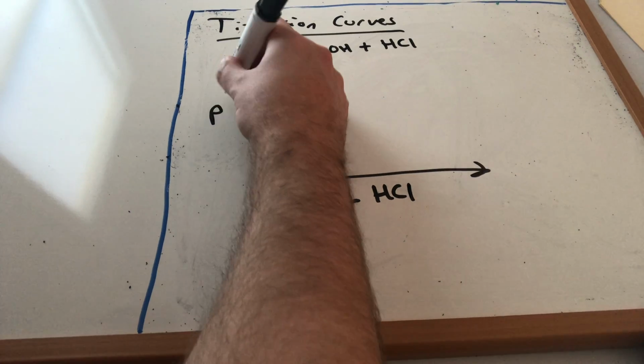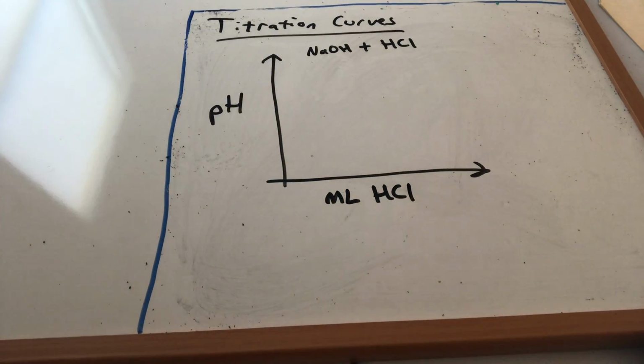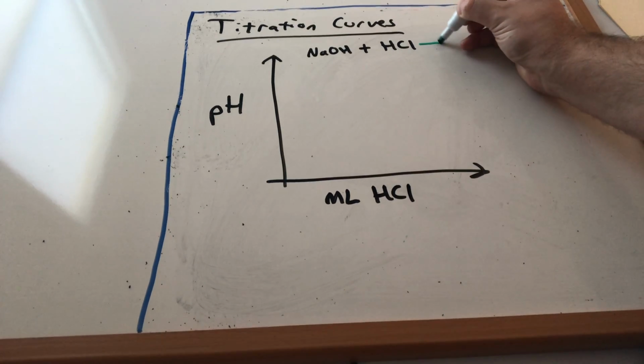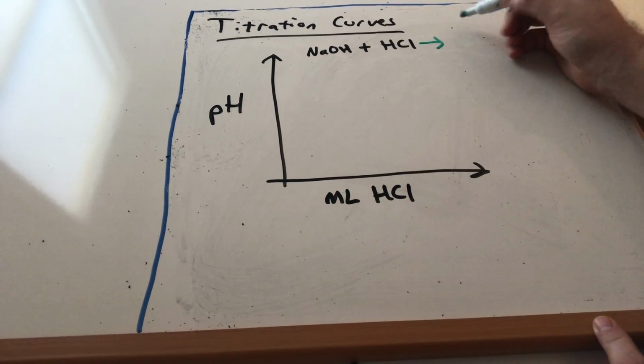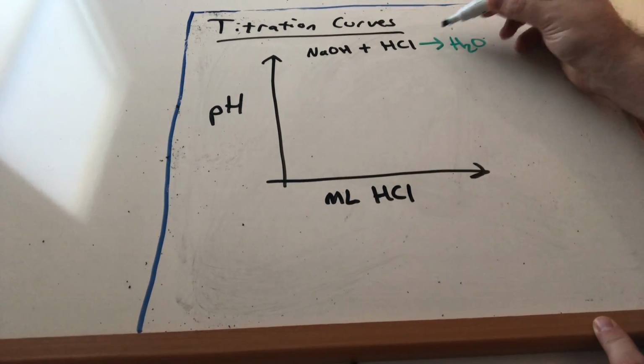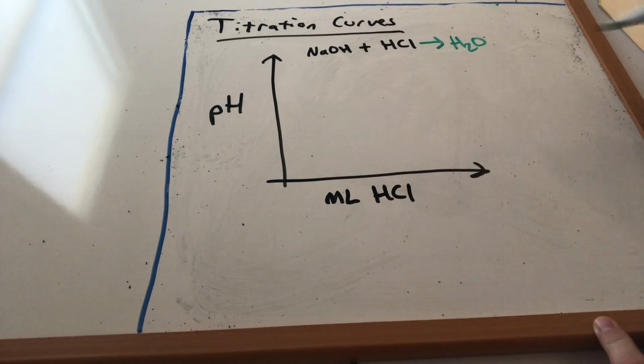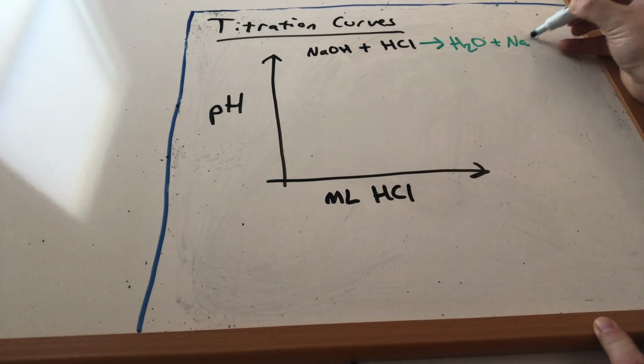What you monitor here is pH, okay? Now, you have to consider the chemistry to decide what the curve is going to look like. This chemistry looks like you're going to get H2O in a strong reaction, because there's a strong species involved, plus NaCl.